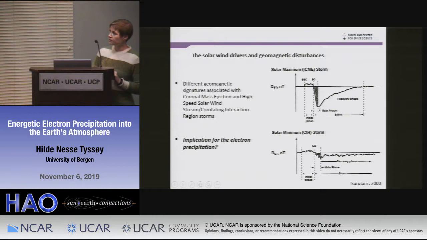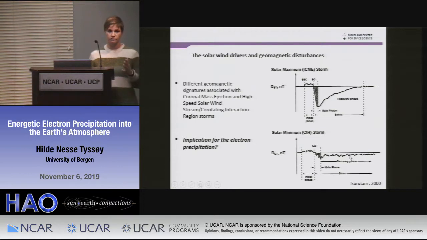Most of the particles typically come in the main phase of the storm, also some in recovery. But CIR storms are typically relatively weak because they are associated with an oscillating magnetic field, so they don't necessarily give a very strong geomagnetic signature, but a relatively weak and long-lasting one.